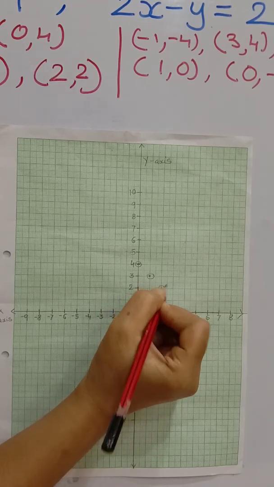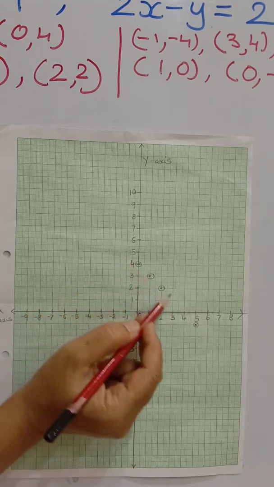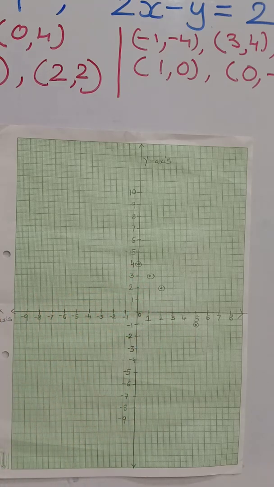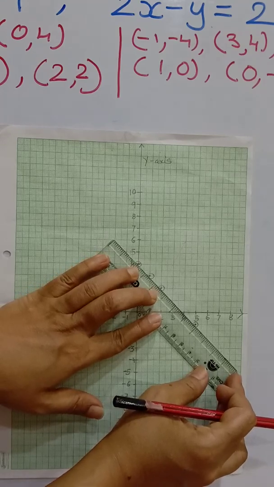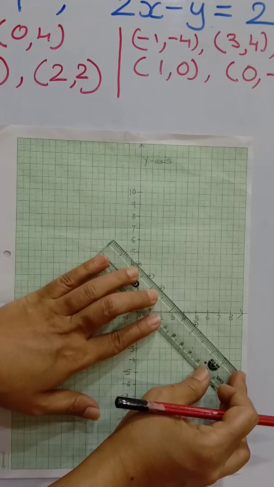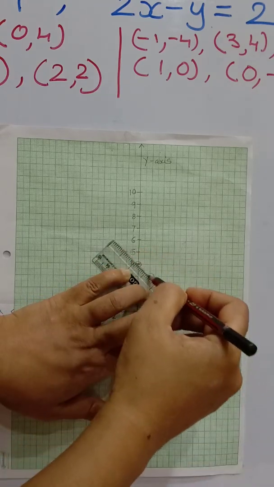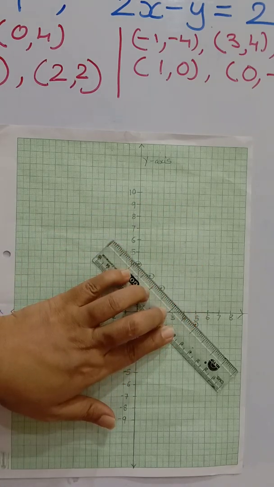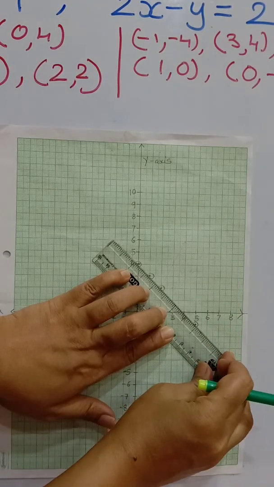So see 1, 2, 3 and 4. These points seem to be collinear. So let's draw the line which will hold all these points. You can see very clearly all of these points. So they are passing through a single line. Okay, let me draw it with some colorful pen so it will be more visible for you.